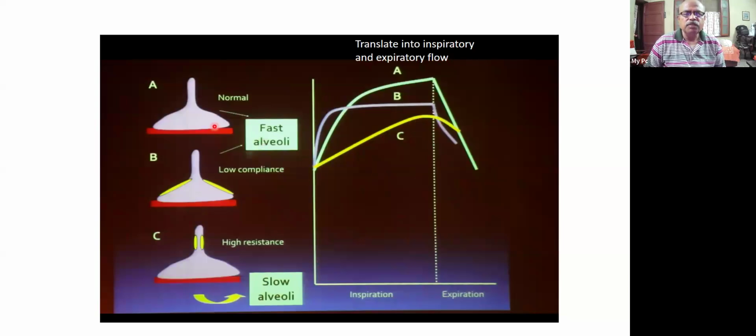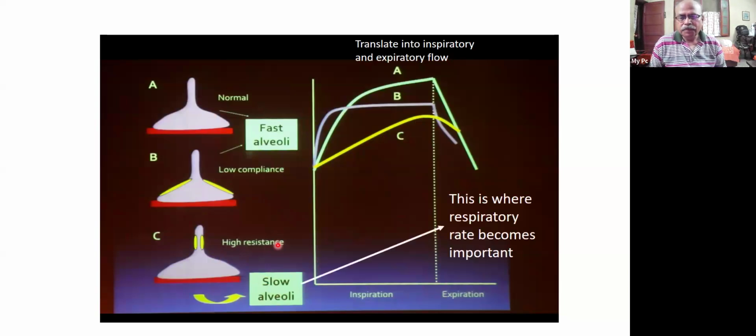And therefore the first two types, the normal alveoli or a low compliant unit, are known as the fast alveoli, while the high resistant unit we call a slow alveolus because it takes time to get filled up. And here the respiratory rate comes into the picture. That's why the respiratory rate is so important.